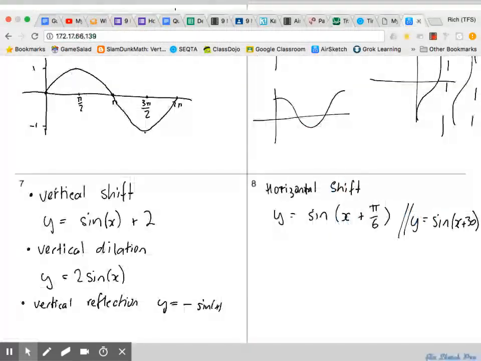So that's a horizontal shift. Let's have a look at a horizontal dilation. So we've got y equals sine of, let's just go 2x, like so.